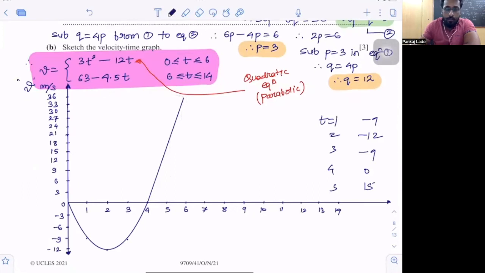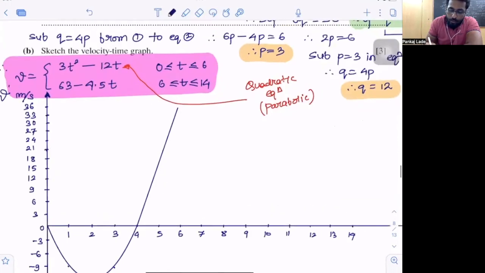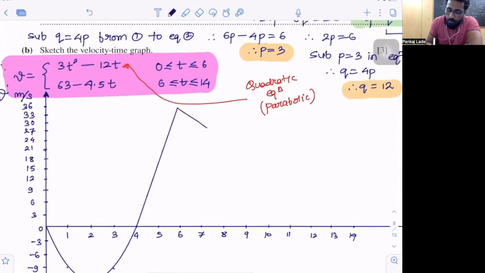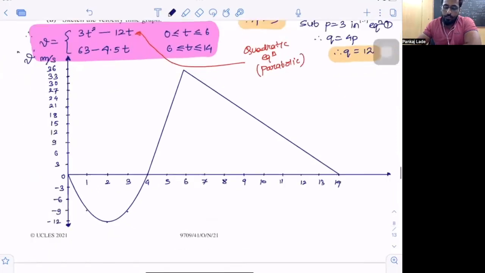And then from here, let's remove these values also, don't need them. From this point, you will have to come to 14, t equal to 14, where the velocity is going to be 0, right? You can calculate. So this is how the graph has to look.